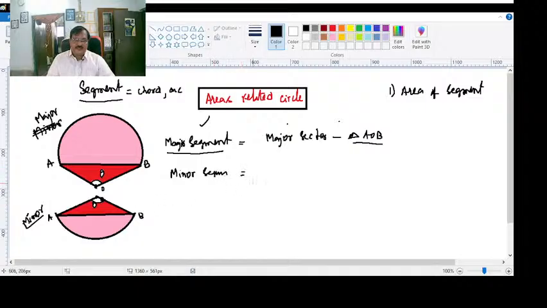Again, here also there is a sector, so the minor sector is available here. This entire minor sector minus area of triangle AOB is the minor segment.